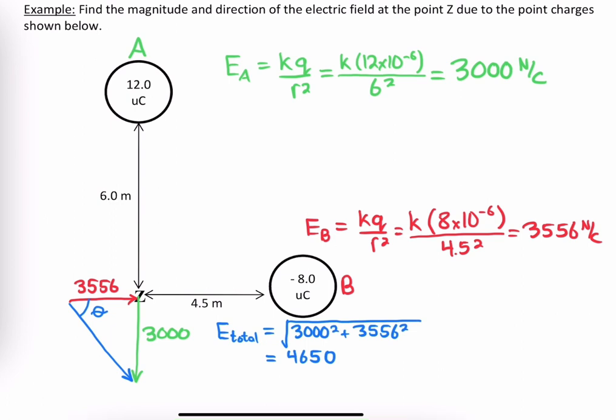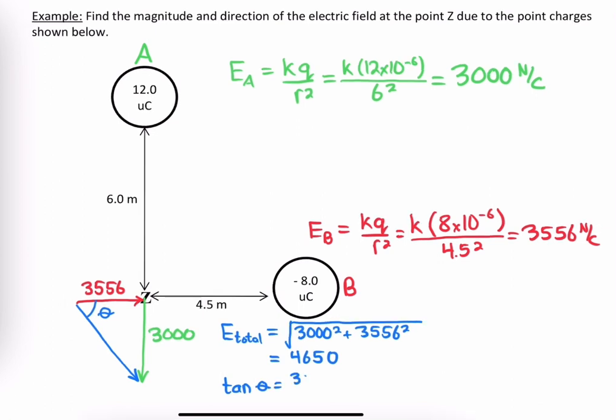And then to find theta, I can say that tan of theta is 3,000 divided by 3,556. And that leads me to theta is 40.2.